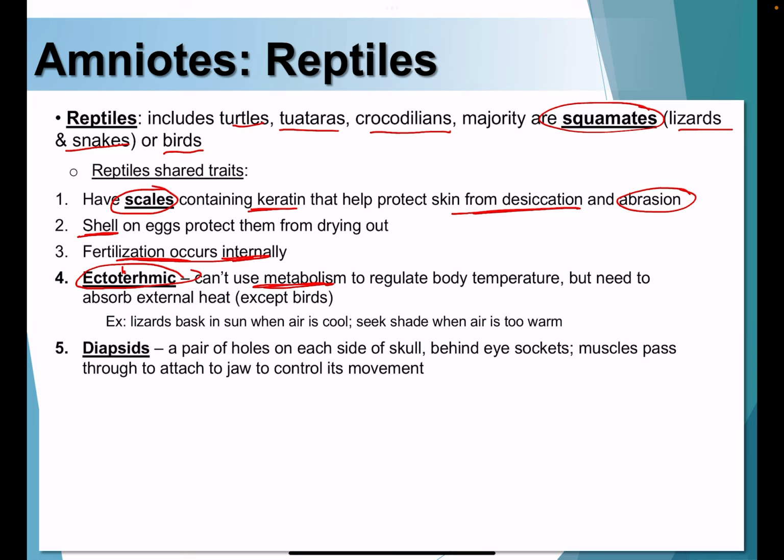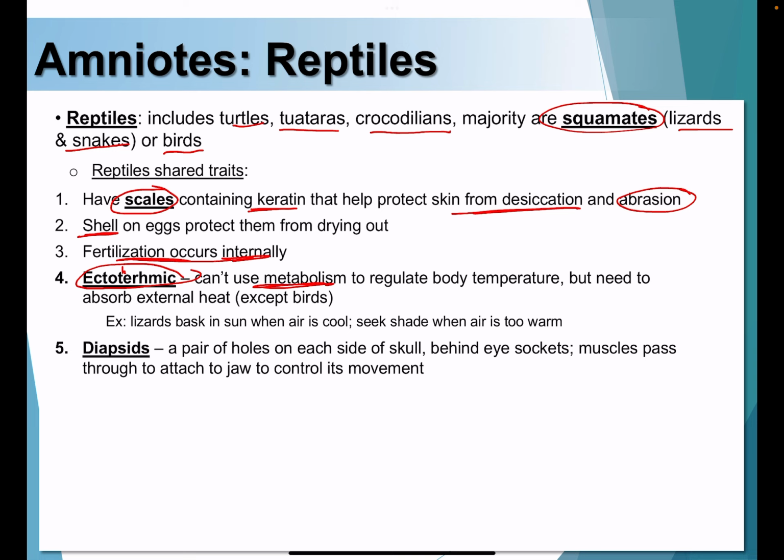That is why when we're cold, we start to shiver: shivering is a type of muscle contraction that requires a lot of oxygen and ATP, and that's a lot of cellular respiration to make ATP. That ends up warming you up, because the more muscle contractions we do, the more heat we generate. Reptiles cannot do that.